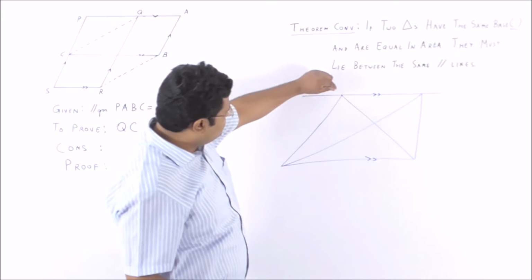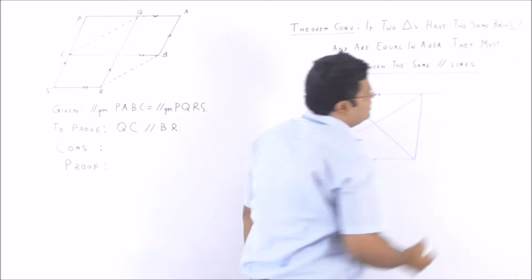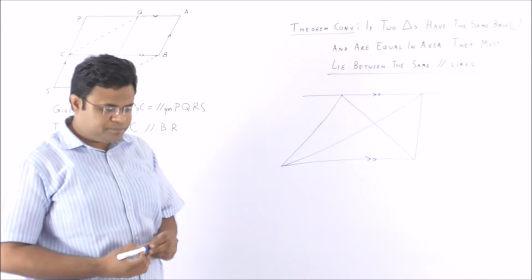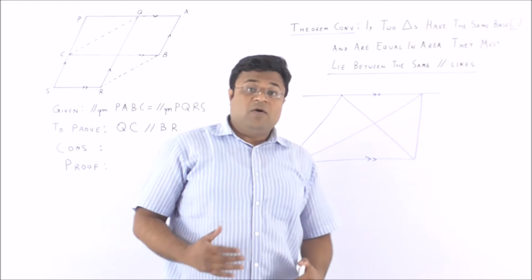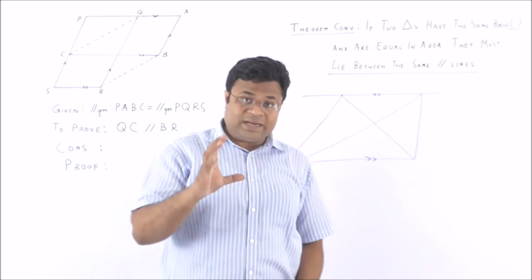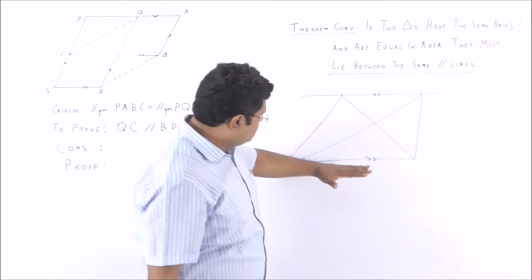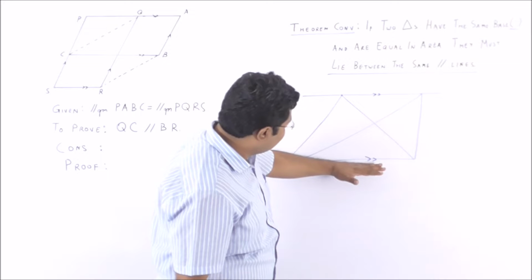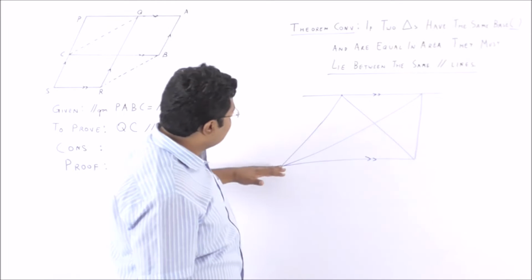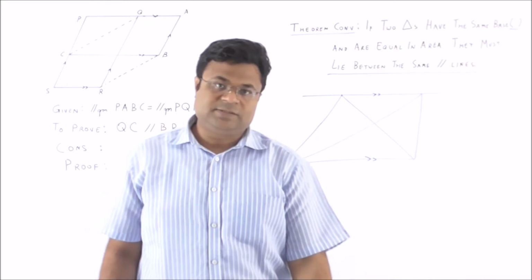In short, the triangles must lie between the same parallel lines. Even if I have not discussed this in class, this is a good time for you to get to this theorem, that the triangles which have the same base and equal areas must lie between the same parallels.